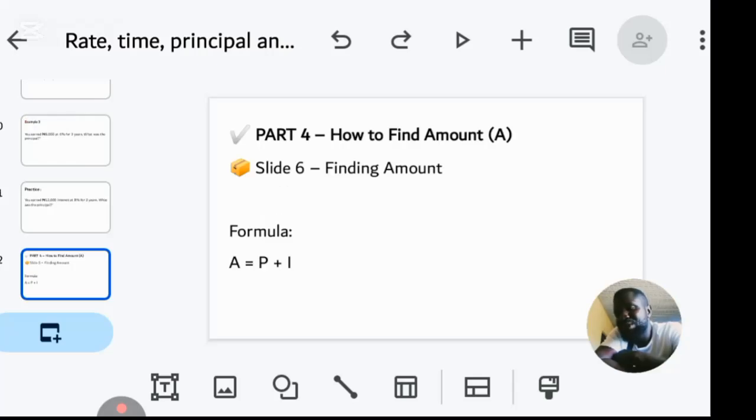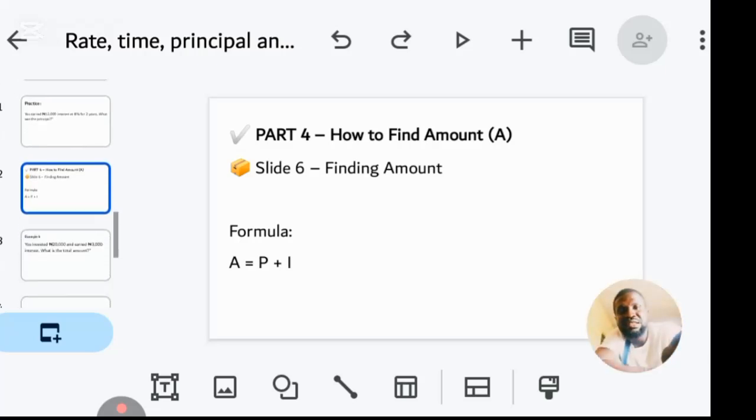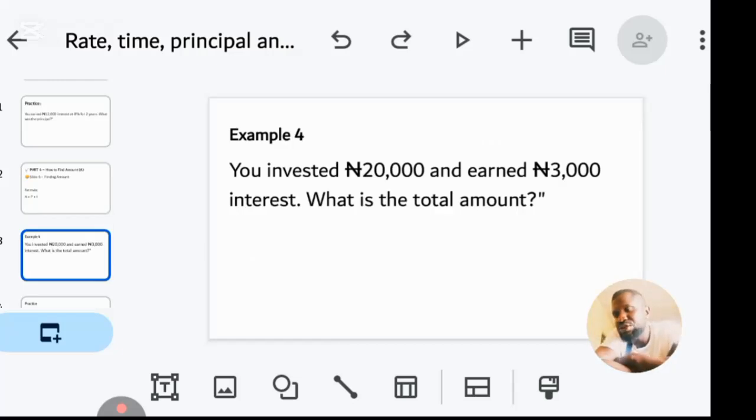Now let's find the total amount you will receive or pay. That's the amount. Example 4 says you invested 20,000 naira and earned 3,000 naira interest. What is the total amount?